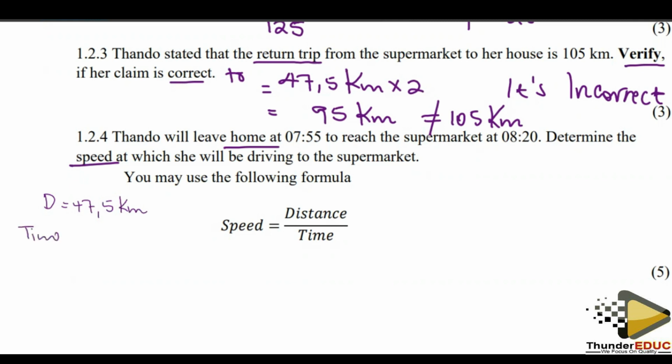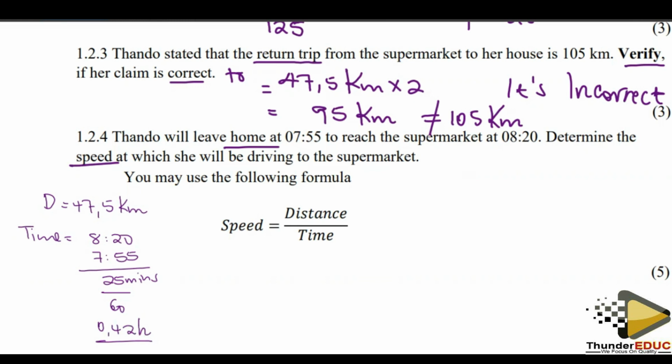Time was the arrival, which is 8:20, minus the time when they left. We ended up having 25 minutes. Change the 25 minutes to hours. You get the answer 0.42 hours.